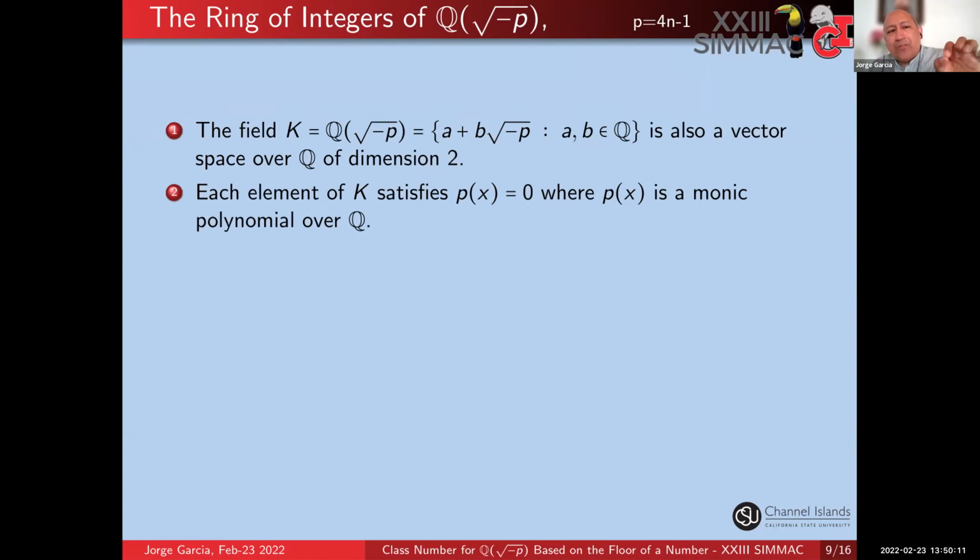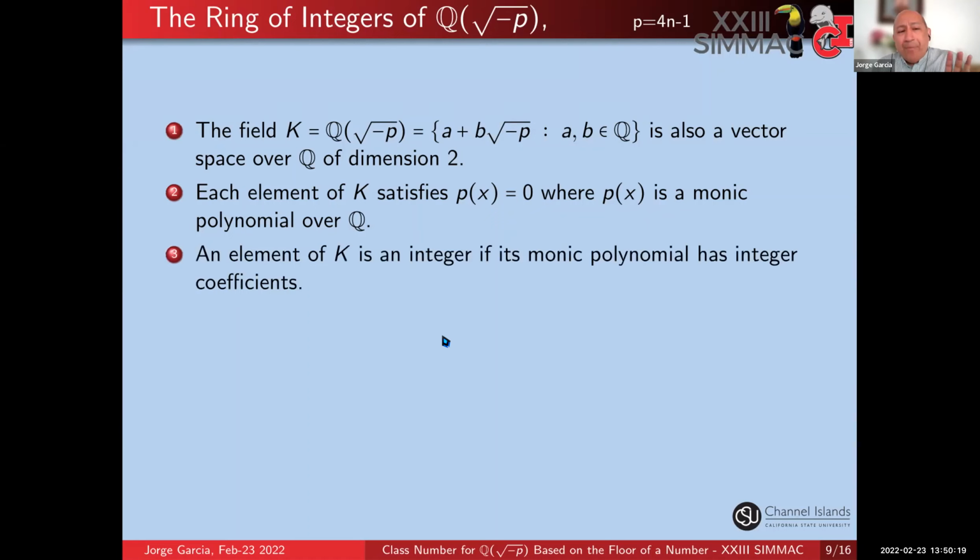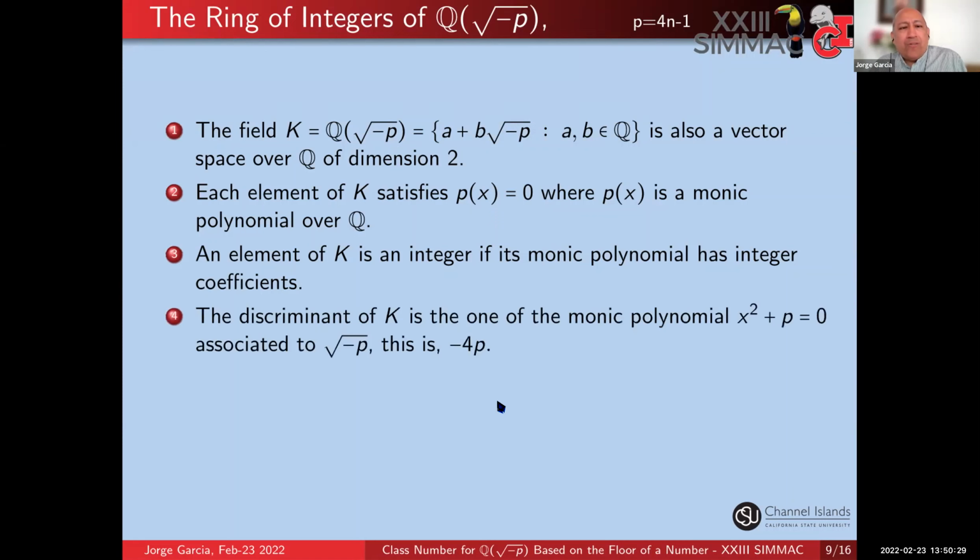Each element of this field satisfies a polynomial. In other words, it's a root of P of x, a monic polynomial with rational coefficients, right? So it happens that when the coefficients of the polynomial are not rational, but integers, it's called an integer. That's what we call the integers of this field.